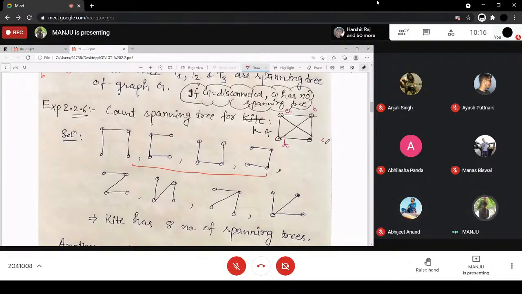A1,3, okay, this one. And this K1,3. And one from C. 8 plus 2, 10. Now the rest 6.